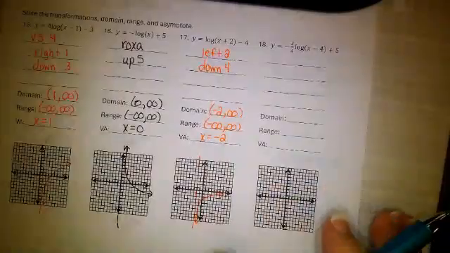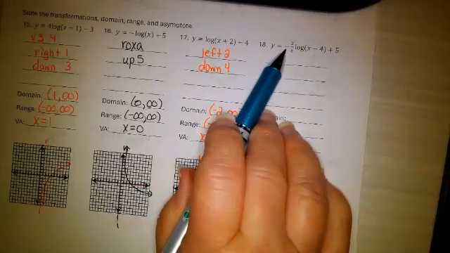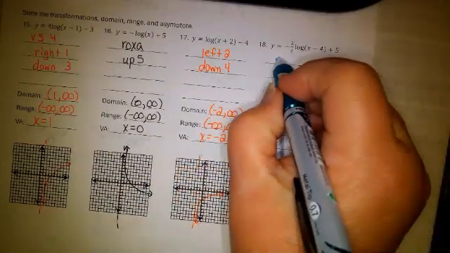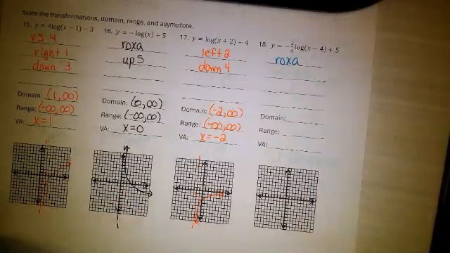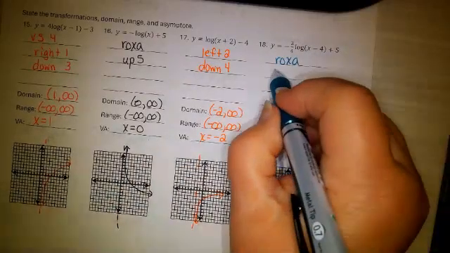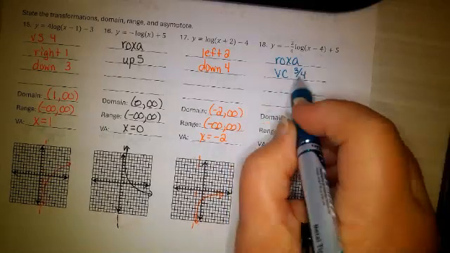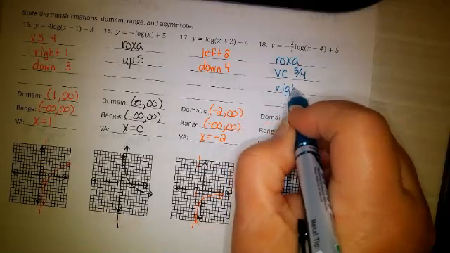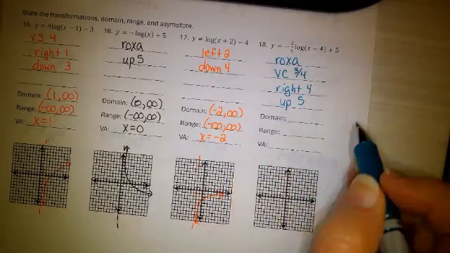All right, we've got the whole kitchen sink here. We've got every single transformation. So let's start with our reflection over the x-axis. Now 3/4, is that a compression or a stretch? Vertical compression by 3/4. X minus 4 goes to the right 4, and plus 5 goes up 5.